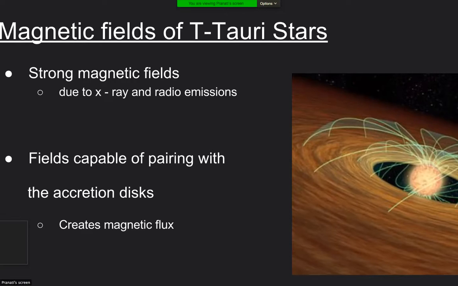Why is that? Well, pre-main sequence stars, as shown in the previous talk, are stars that are still contracting. You have these giant molecular clouds, and then eventually gravity takes over and it starts to crunch and collapse. So eventually you have the center of mass rotating, and the rotation increases because of conservation of angular momentum.